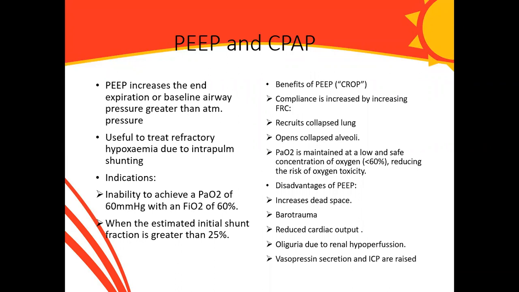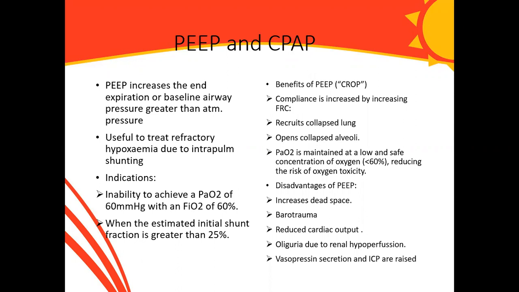But suffice to note here that PEEP, positive end expiratory pressure, increases the end expiration baseline airway pressure, and it prevents alveolar collapse at the end of expiration. It's usually used to treat refractory hypoxemia that is due to intrapulmonary shunting.